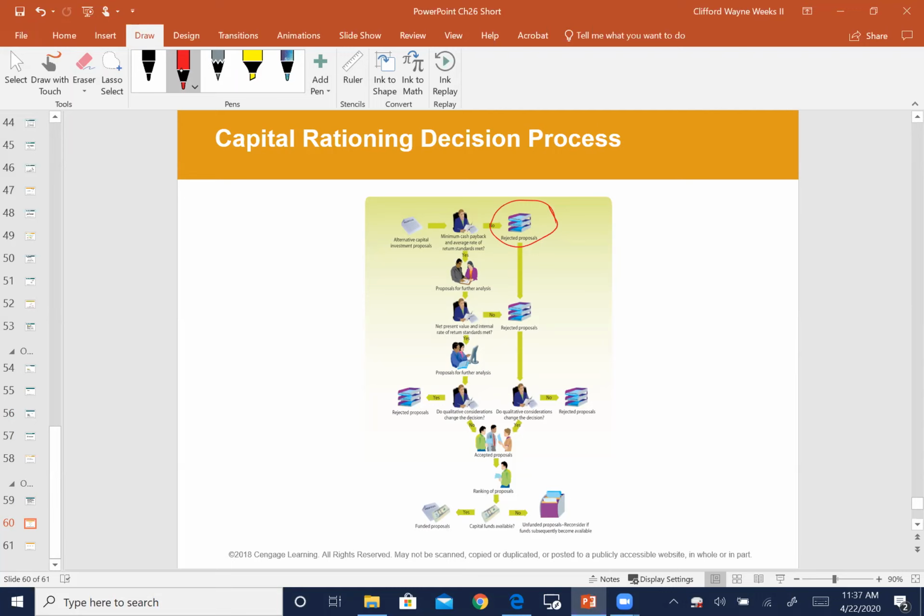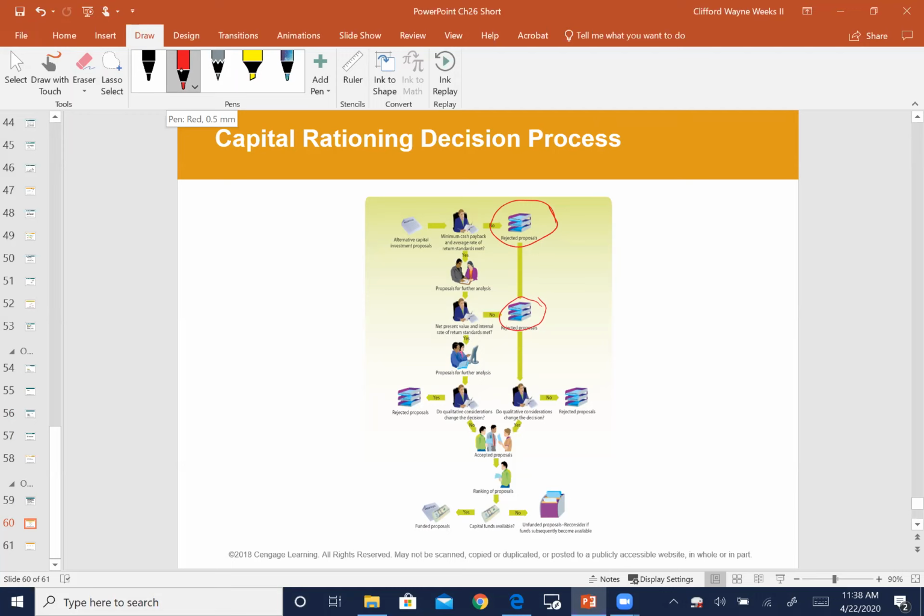But let's say it says yes, and so we're going to do a future analysis. Maybe we run the net present value and internal rate of return, and those bump it out to no. Again, that is not a garbage can. We file that for later evaluation. But let's say it passes that one.